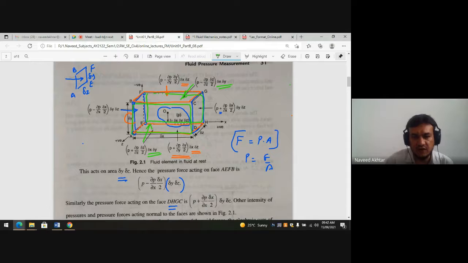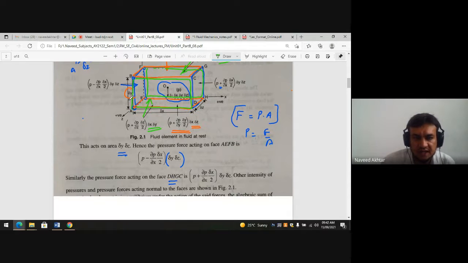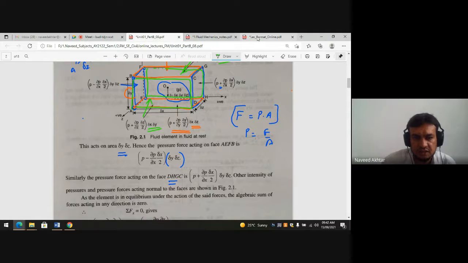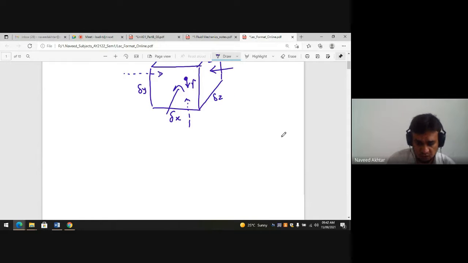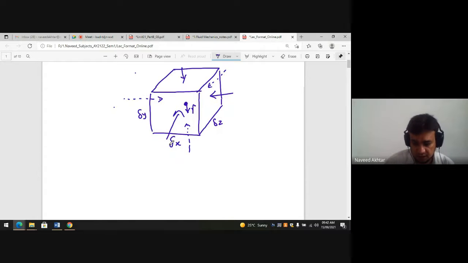So likewise you can write down the elemental part in each direction, right. तो अगर मैं आपको वापस से यहाँ पर बताऊँ, if I consider this elemental part AEFB, तो अगर एक का मैं लिखकर बताऊं तो आपको सब समझ में आ जाएगा.